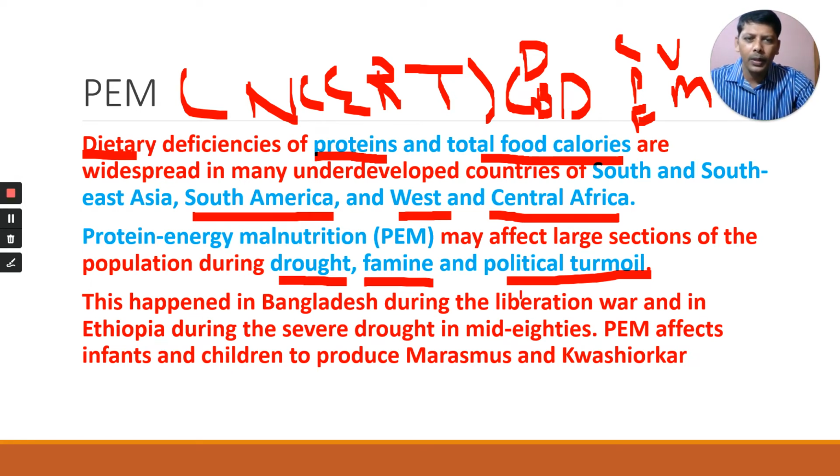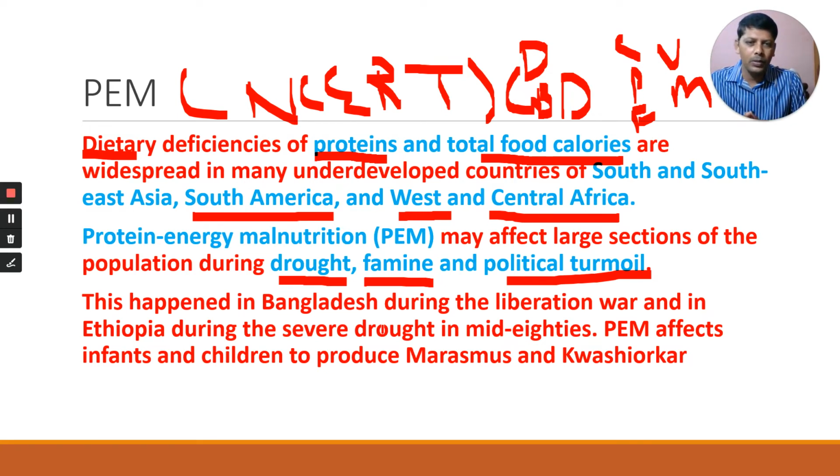This political factor especially happened in Bangladesh during the liberation war. Bangladesh separated from the eastern part of Pakistan. Earlier it was part of Pakistan, and the eastern part was separated, and now we call that country Bangladesh. The liberation war took place around 1970.